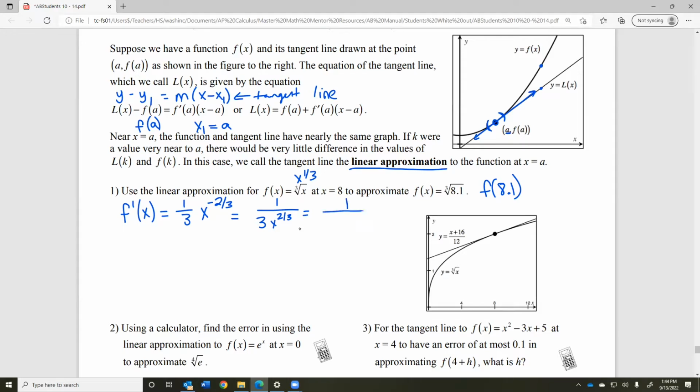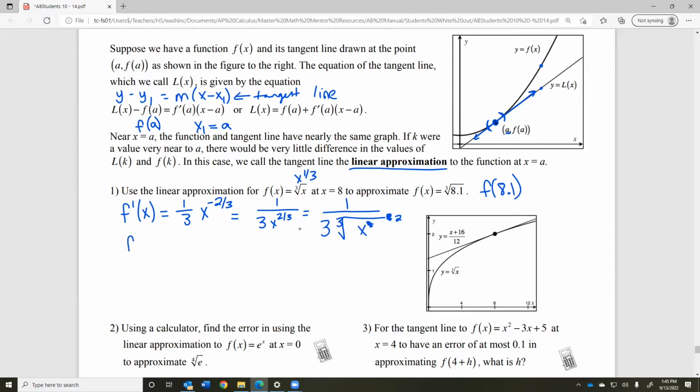I know I'm going to have to plug in 8 in just a second, so I'm going to switch this back to radical form. The 2 is the exponent. We can put it in one of two places, whichever one benefits us the best. At the moment, I'm going to leave it outside and then the cubed root of that.